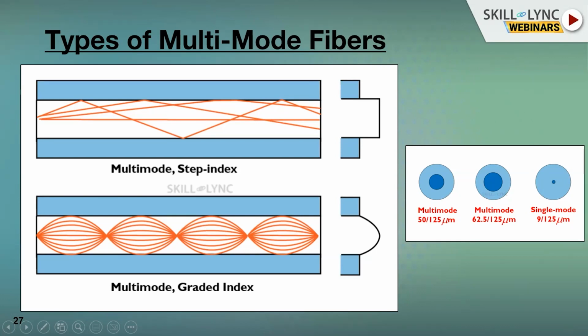So 50 by 125 is nothing but the core diameter and the cladding diameter. For the single mode, the core diameter is just 9 microns, whereas the cladding diameter is 125 microns.